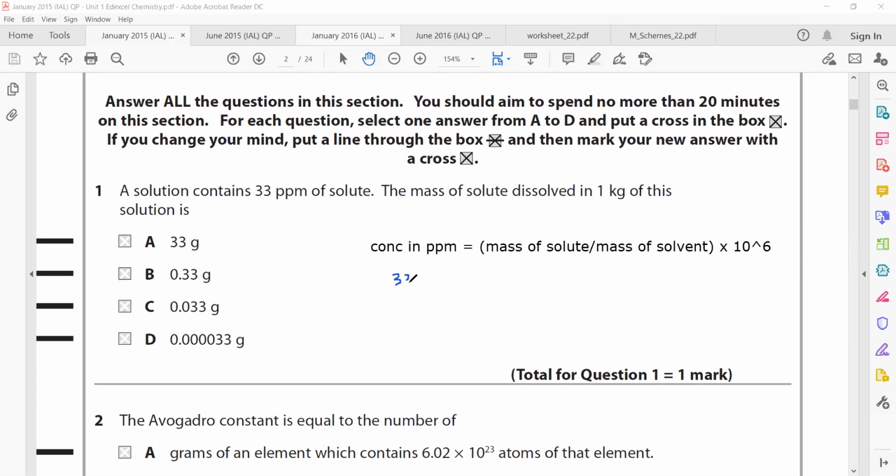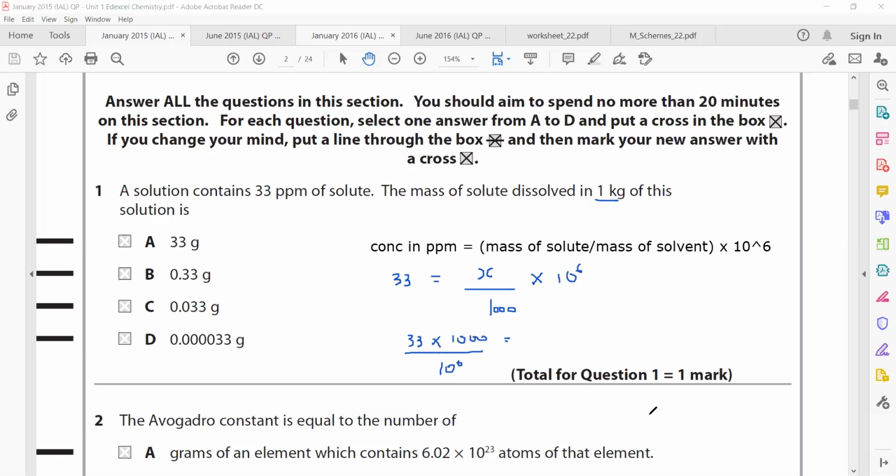So this value is given, 33. Mass of solute we don't know, that's the question. Mass of solvent is 1 kg. That's in kg, but all the answers are in gram, so this should be in gram. So 1 kilogram means 1000 grams, and there is 10 power 6. So this will be 33 multiplied by 1000 divided by 1 million.